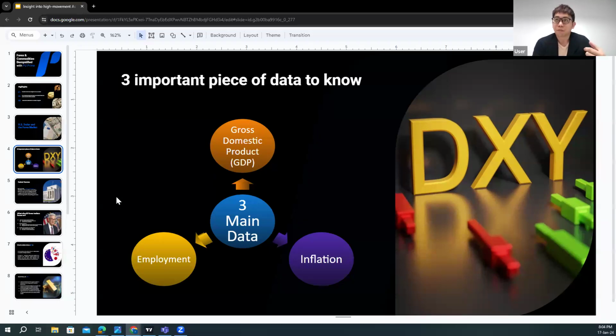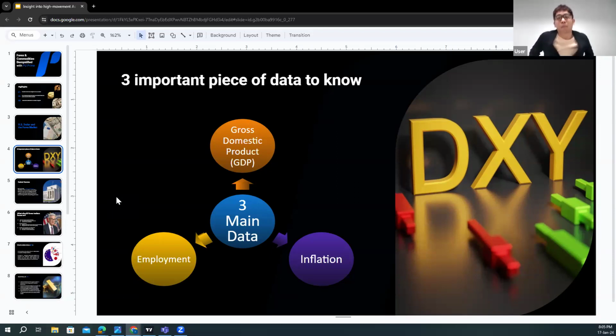It is very easy to understand: when the GDP is higher than the previous reading, or higher than what the market is expecting, in layman's terms, the US economy is doing better than expected. So it will drive the dollar higher, or strengthen the dollar.